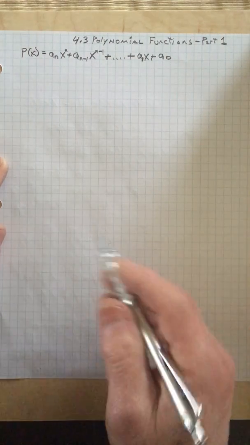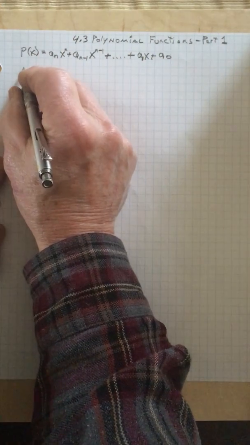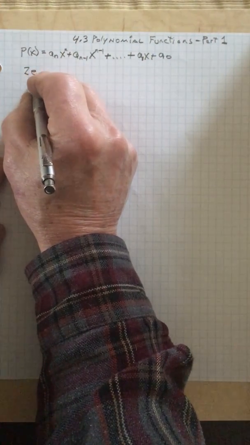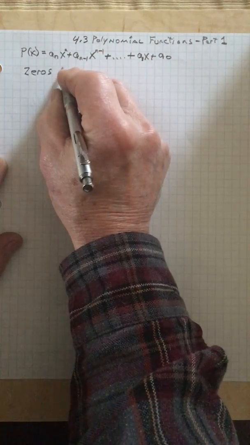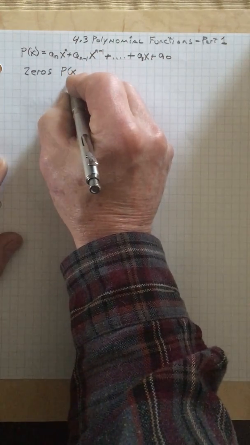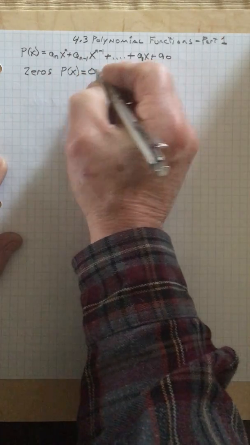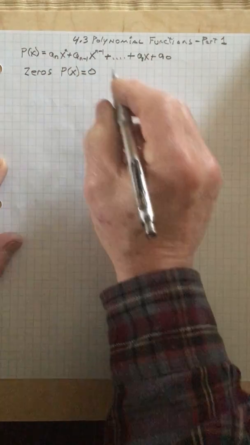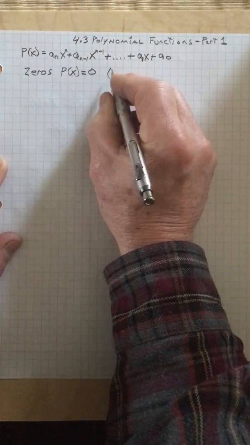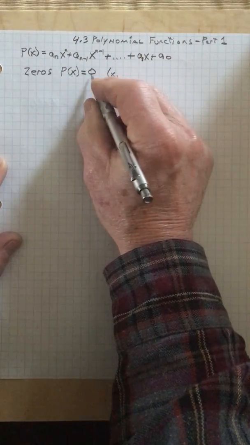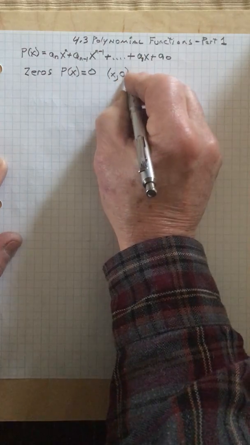Okay, again, we've talked about the zeros of a polynomial. The zeros just means that I put in some number for x and the function equals 0. So what does that mean? That means I would have a point, whatever that x value is, and the y value would always be 0.